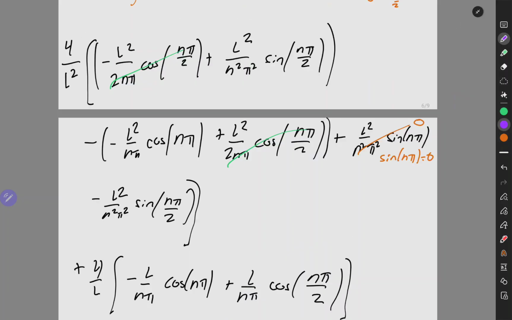Ooh, these cancel, I believe. Oh, I see what's going on. There's a negative here. This negative gets multiplied into here. So we have this with this negative one. We have this negative one. That's minus 2 L squared over n pi.